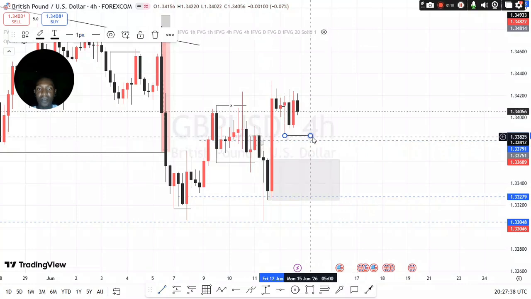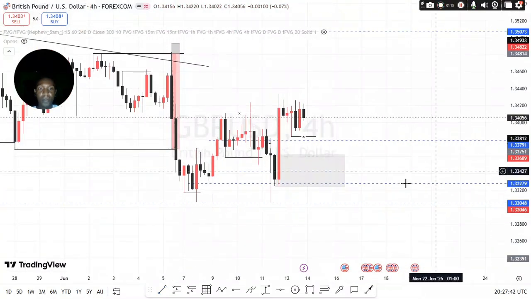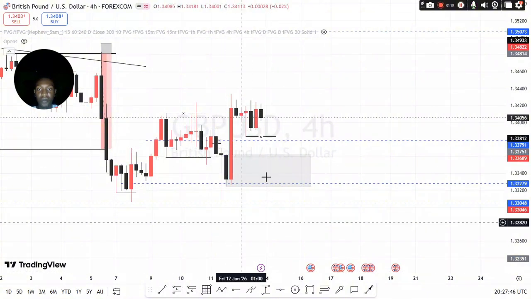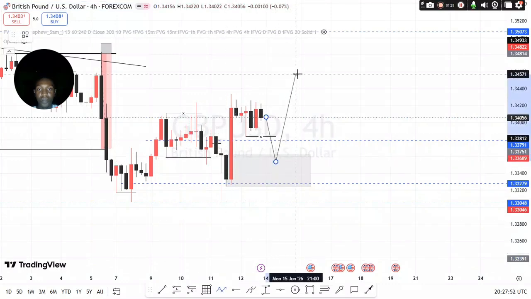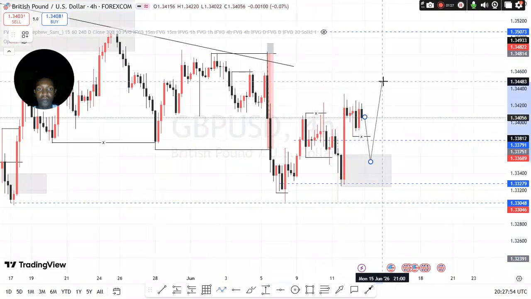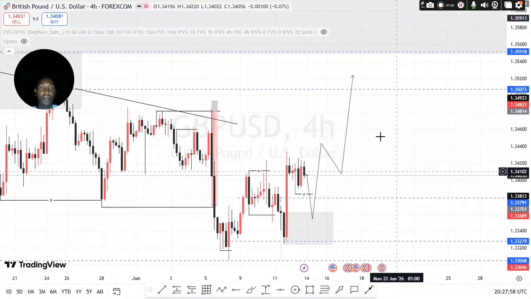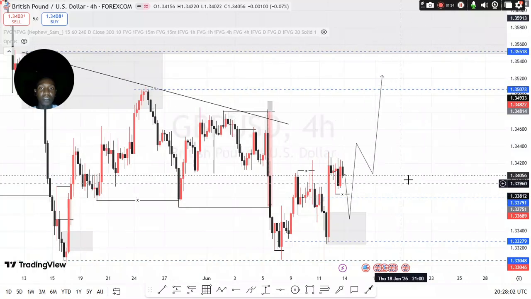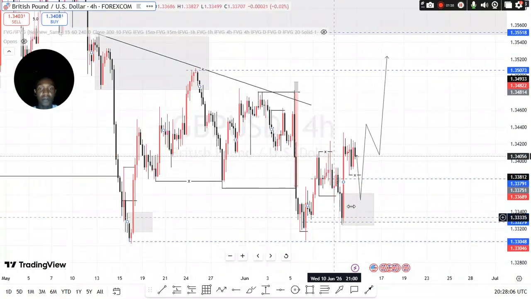I'm looking for GU to come down to this order block and continue. So we take out this liquidity here and tap into this order block, and then we can see another bearish continuation to the downside.